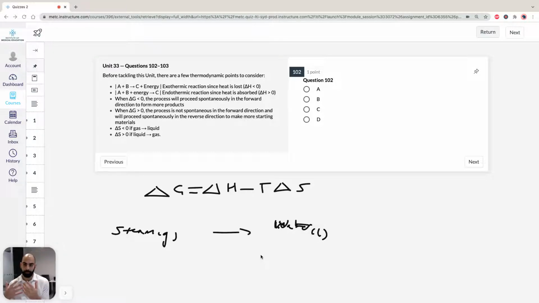Let's think about it in terms of enthalpy and then entropy. For enthalpy, is it going to be exothermic or endothermic? Well, steam is a gas, and they're very volatile particles flying around very fast, with very high energy. If we want to condense it into a liquid, water, it means the particles have to slow down.